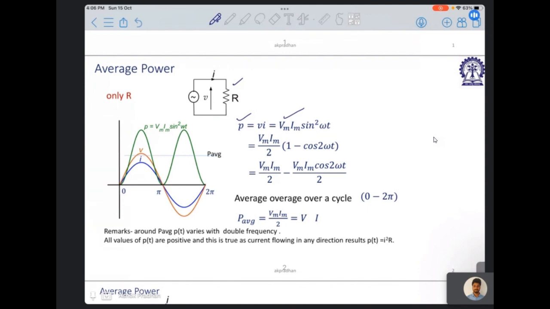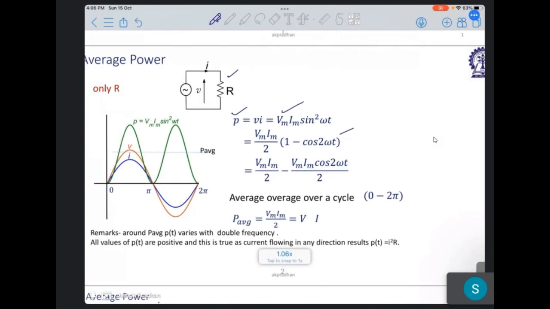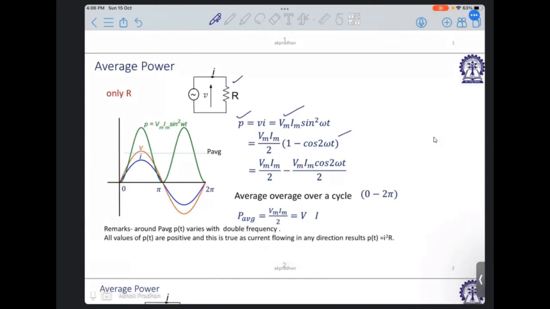As you know, this is a clear derivation, a textbook thing, so I'm not going into that. This leads to two parts. One is a DC part, a fixed part, Vm Im by root 2, that is V into I in terms of rms values. And the other is the oscillating, sinusoidally alternating part, but it has double frequency.